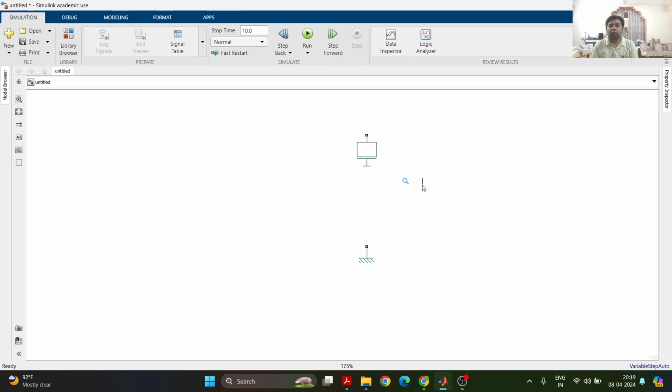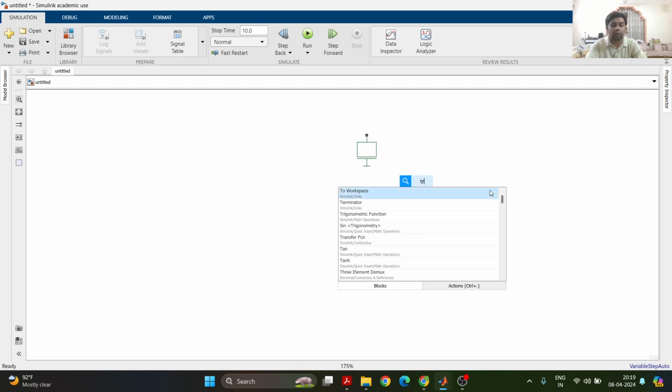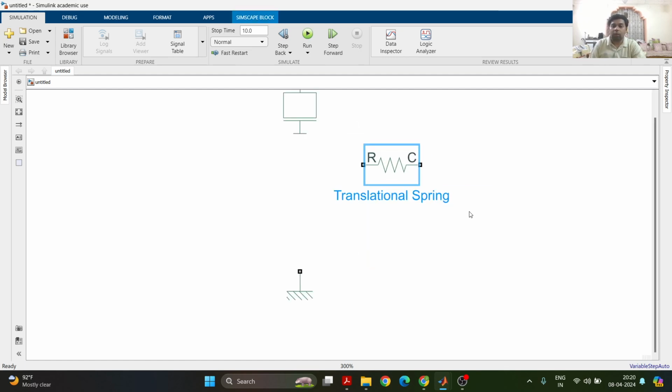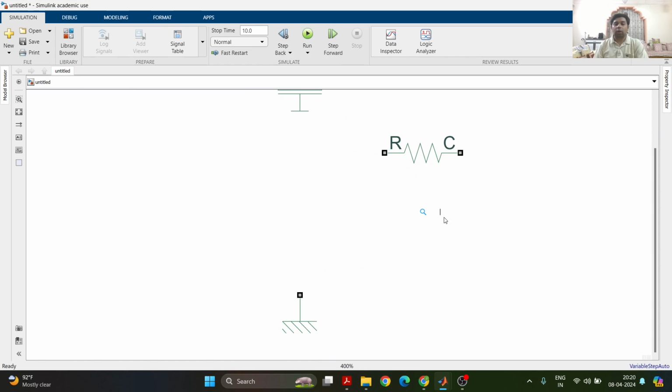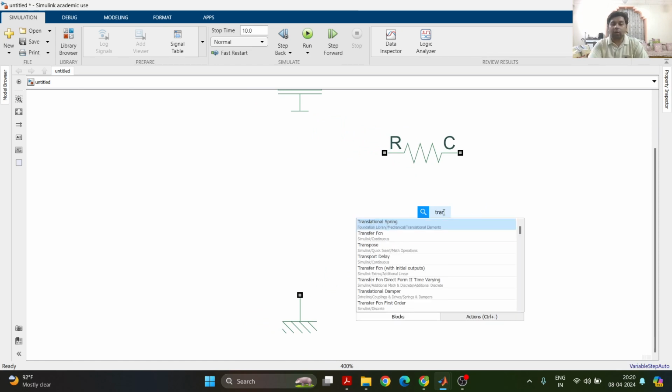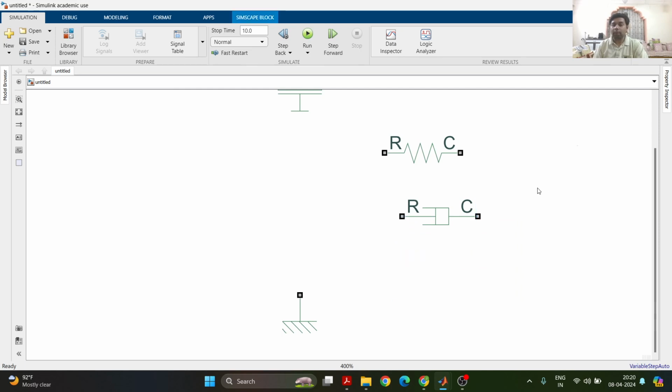Then the next thing is selecting a translational spring. So this is the block for a translational spring.